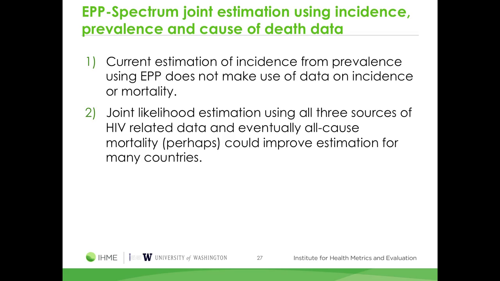Last on this, I think there's some interesting innovations from different groups, both in the UK at Imperial and Josh Solomon at Harvard University, of a new generation of Bayesian estimation methods that would simultaneously use incidence, prevalence, and cause of death data, rather than this sort of complete separation of the modeling of prevalence to incidence and then from incidence to death. And I think in a year or two, those will come online and be very useful.